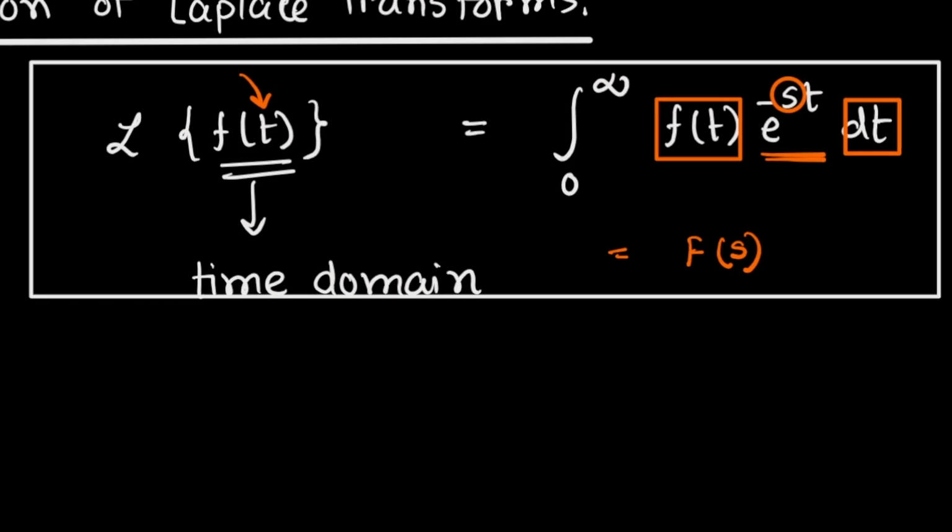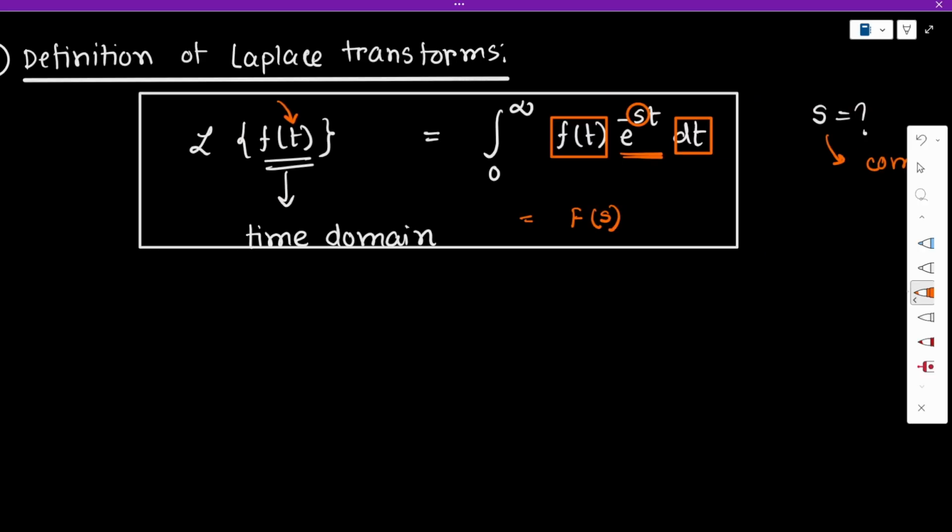So using the Laplace transform, we took a function which was in the time domain, which had a variable t, and we transformed it into something in the frequency domain, which is a function of s, which only has the variable s. So we have transformed the actual function using the Laplace transform operation.